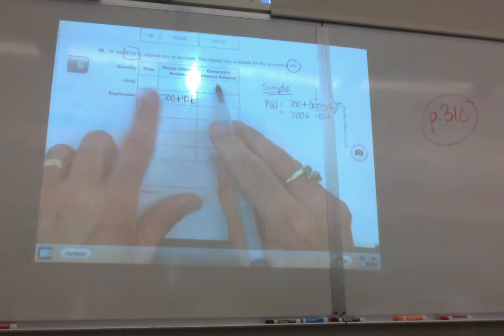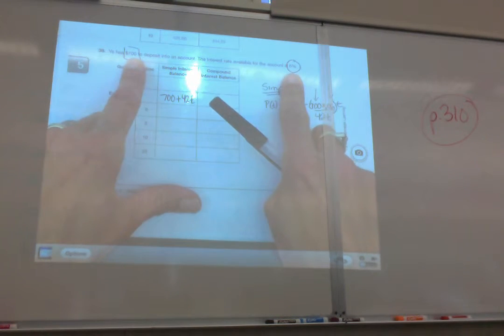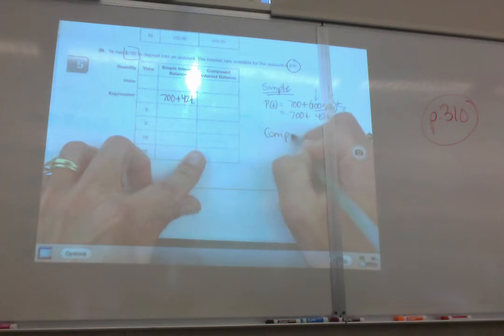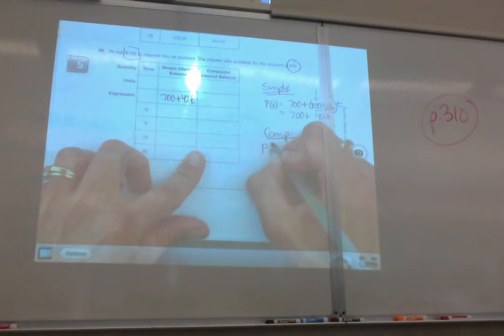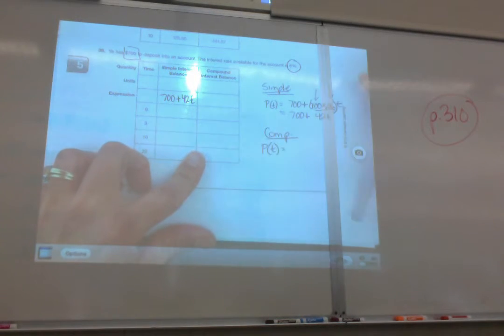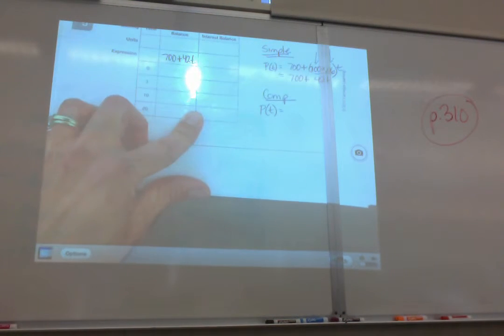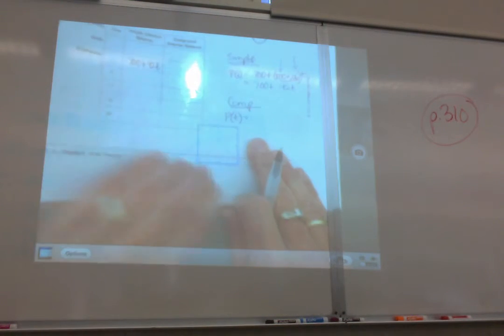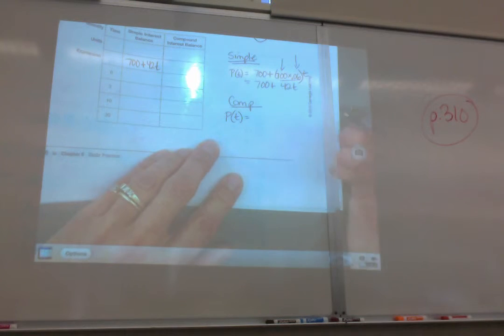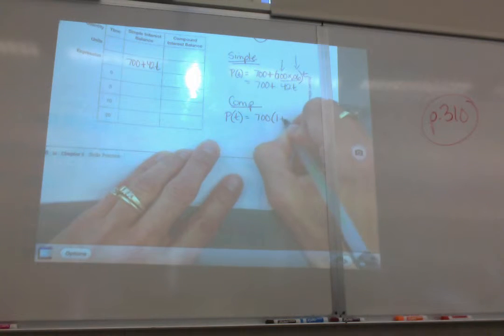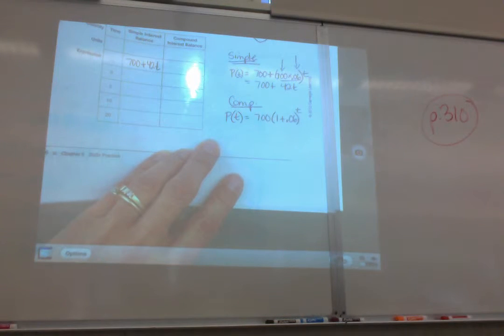Compound interest, we're going to use the same starting amount and the same interest rate, but compound has a different formula. P of t equals, am I getting low on the board? Okay, compound interest goes P0 times 1 plus R raised to the t.